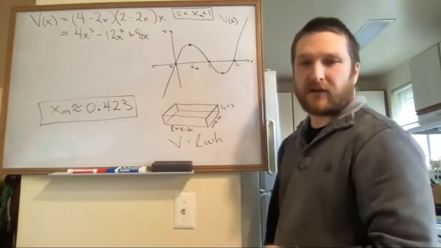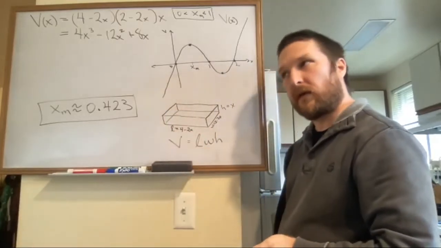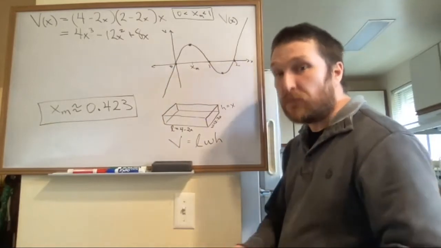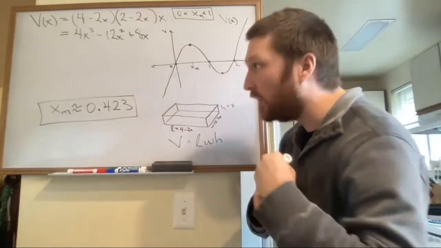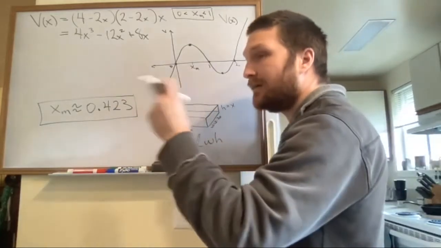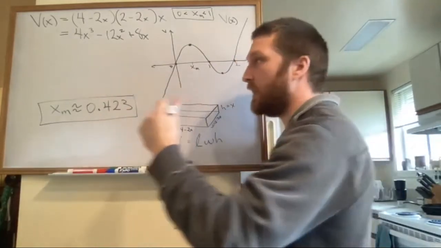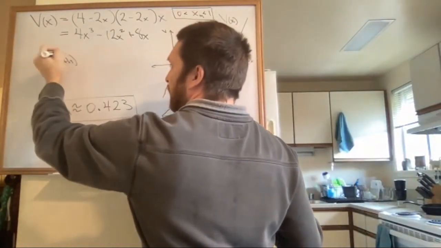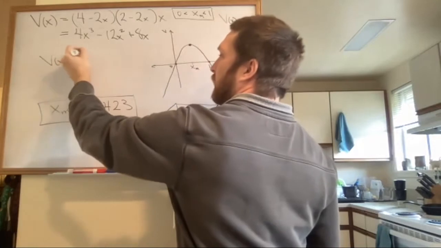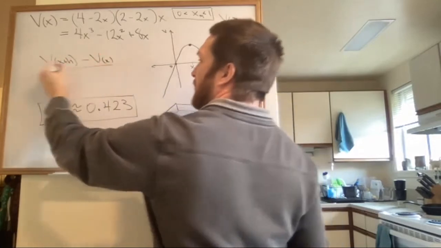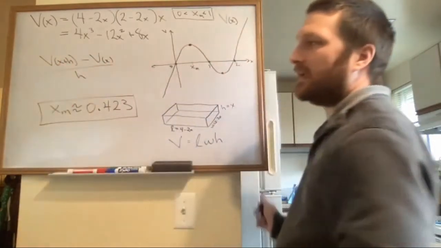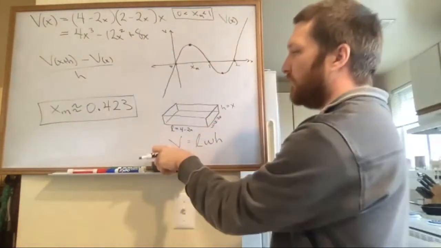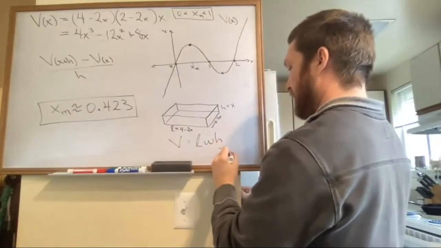But what about if it's a curve? We could define the concept of slope with a difference equation, where we take v of x plus h minus v of x, and we divide by h, and that gives us the slope at any given point.